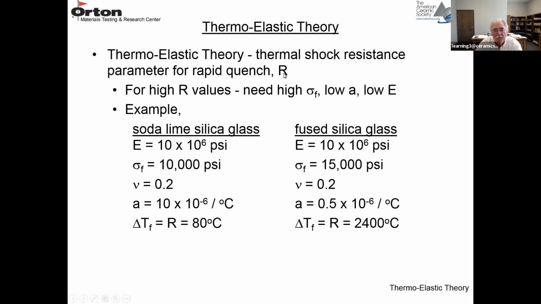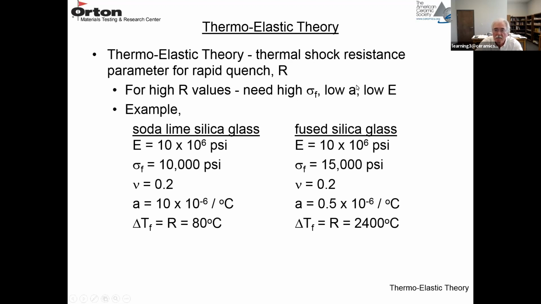So the thermal shock parameter R for rapid quench conditions, what do you need to have a high value of R or high delta T for damage to occur? Well, you need a high strength, you need low thermal expansion, and you need a low elastic, Young's elastic modulus.